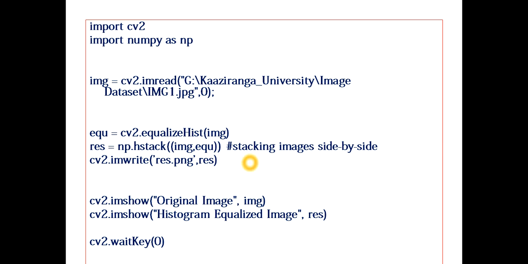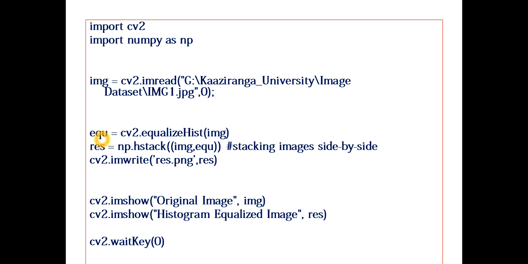So the code will be a small number of statements. Now import the image and store it in img. cv2.imread, we have read the image, and 0 because we want a gray version.